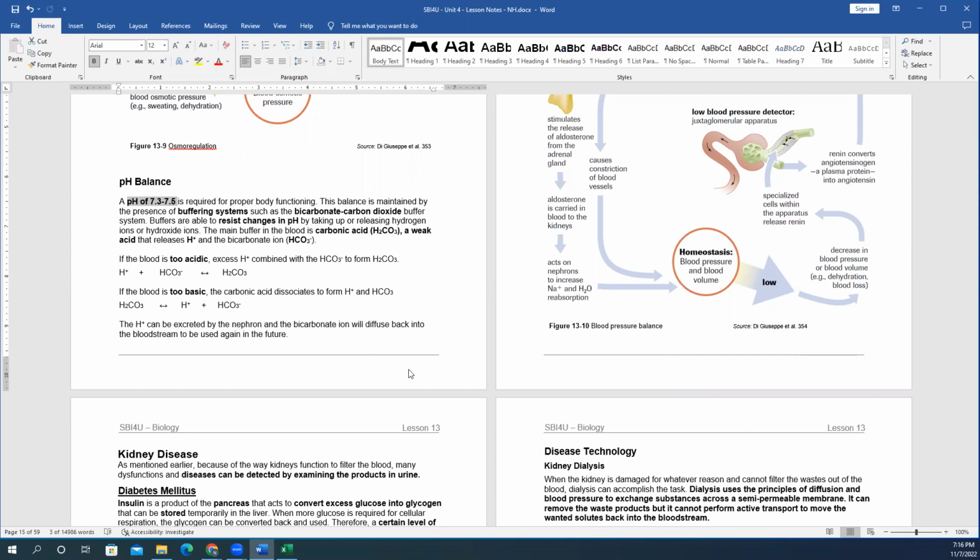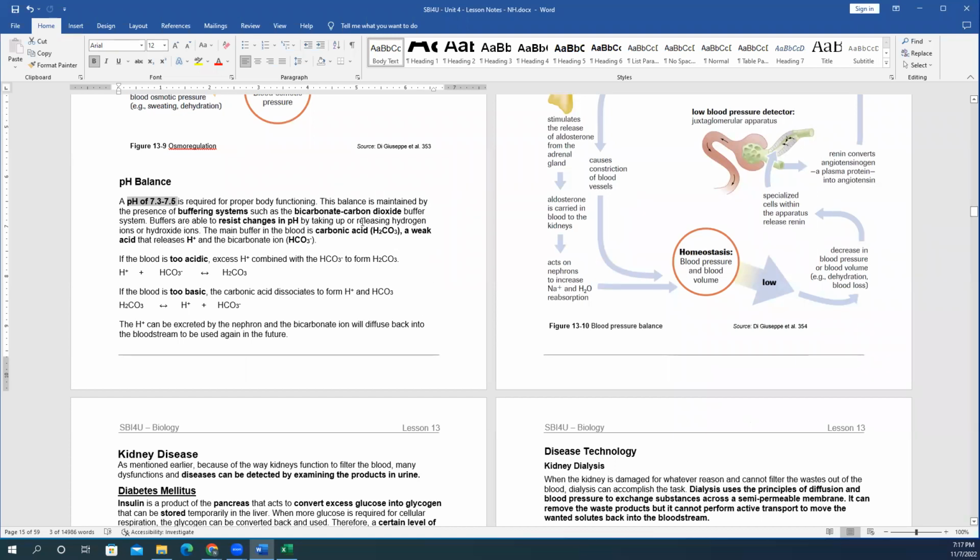So the maintenance of pH balance, as well as temperature balance and water balance, is all very important. This balance of pH is maintained by the presence of a buffering system, the bicarbonate carbon dioxide buffer system.